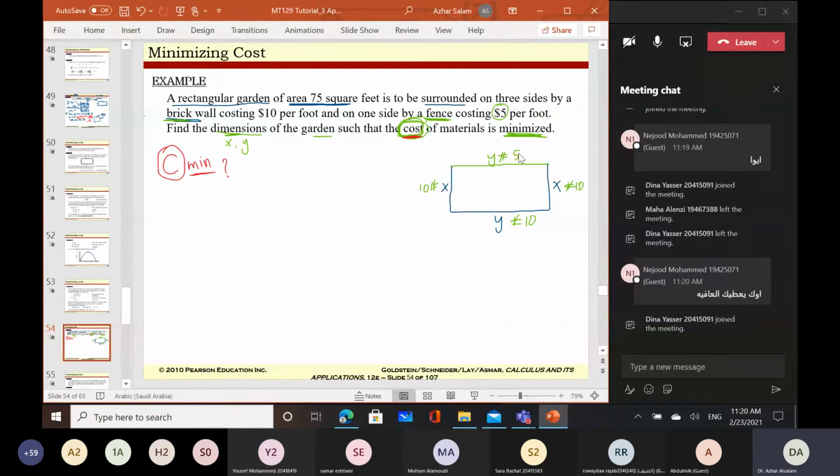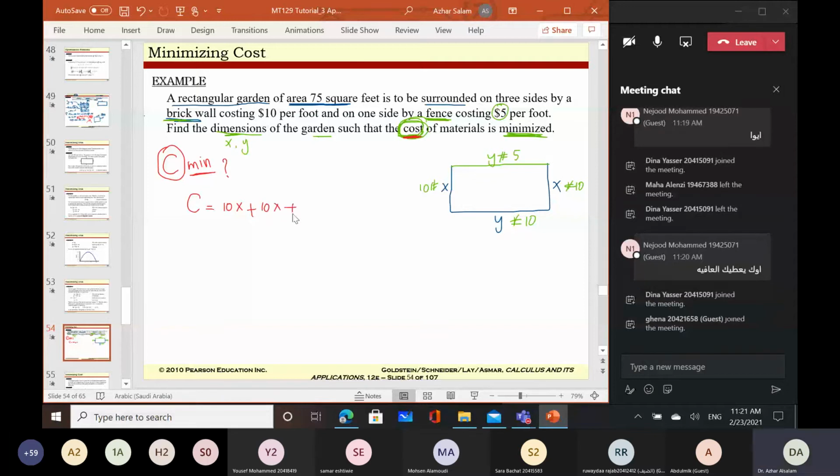أنا هنا عندي التكلفة. I have here the cost. Each side has its cost. So the cost C is 10 multiplied by X. راح أضرب هذا الطول في 10 عشان أحسب تكلفة هذا الضلع. Plus also here 10 multiplied by X. Plus 10 multiplied by Y. Okay, this gives me the cost of this side.